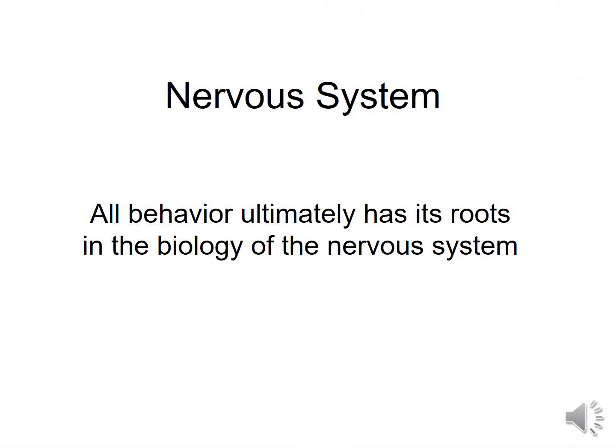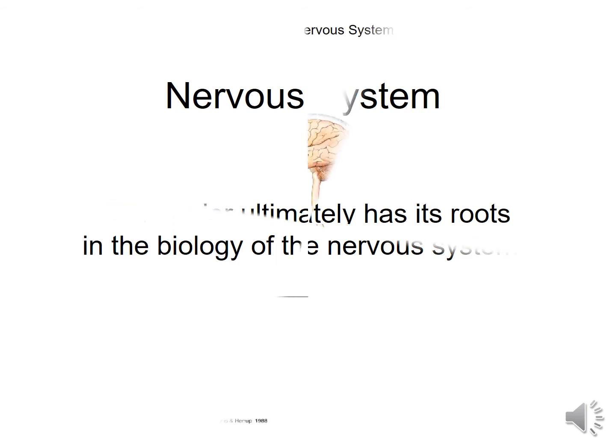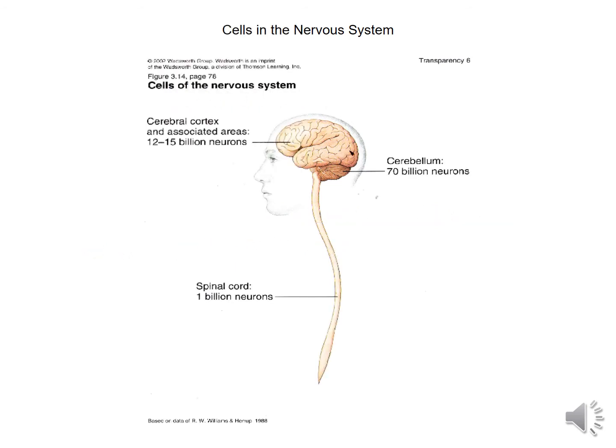So this is a continuation of the chapter on the nervous system, remembering that all behavior is rooted in the nervous system. We talked about the distribution of neurons in the central nervous system.